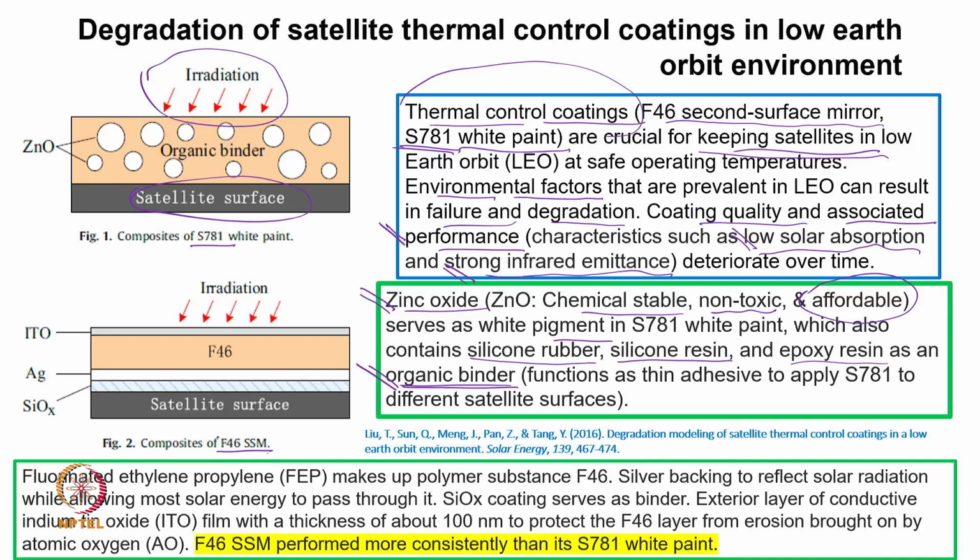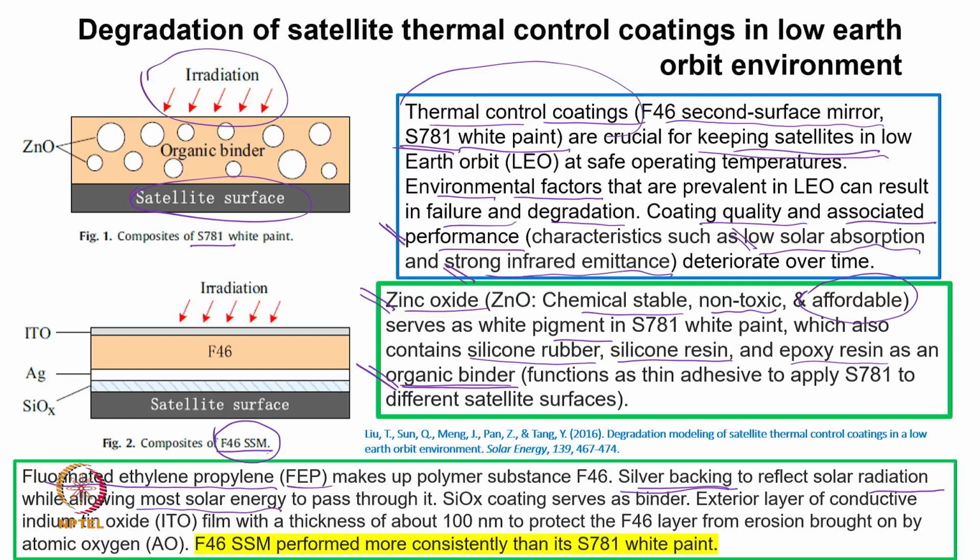Then coming to the F46 SSM, in this situation they use the FEP, which is a fluorinated ethylene propylene material, which is also used as an attachment to the surface. And then they use silver backing, as I mentioned, second surface mirror, to reflect the solar radiation and allow only the solar energy to pass through.